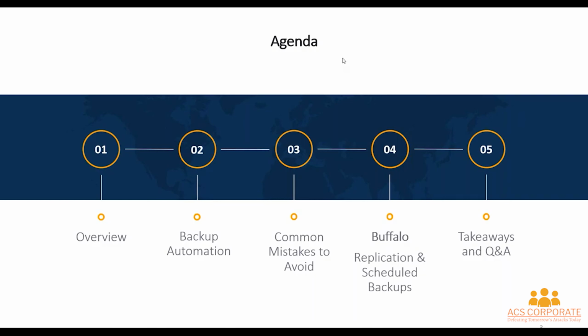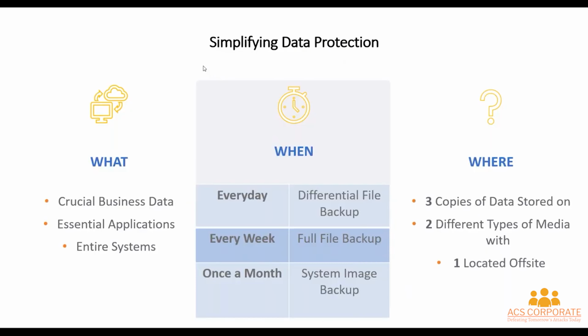All right, so we'll start with simplifying data protection. It comes down to what, when, and where you want to back up to. So what, you have to first identify the crucial business data. Is it a doctor's office that has a bunch of medical data that they have to take care of?